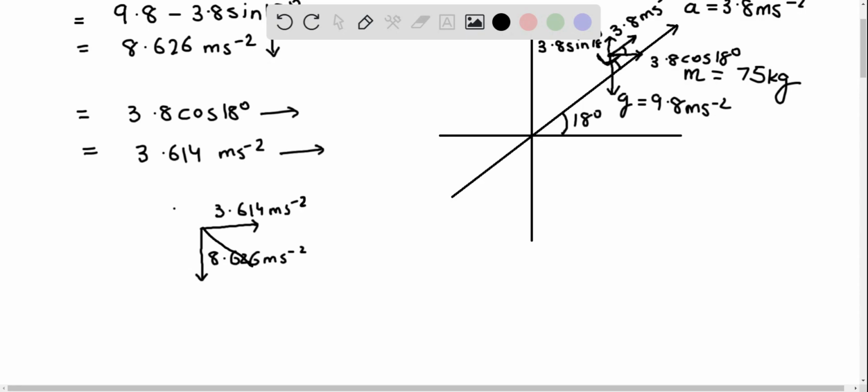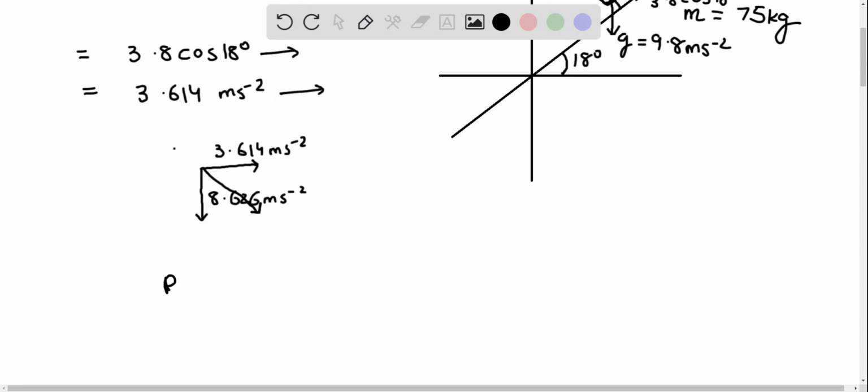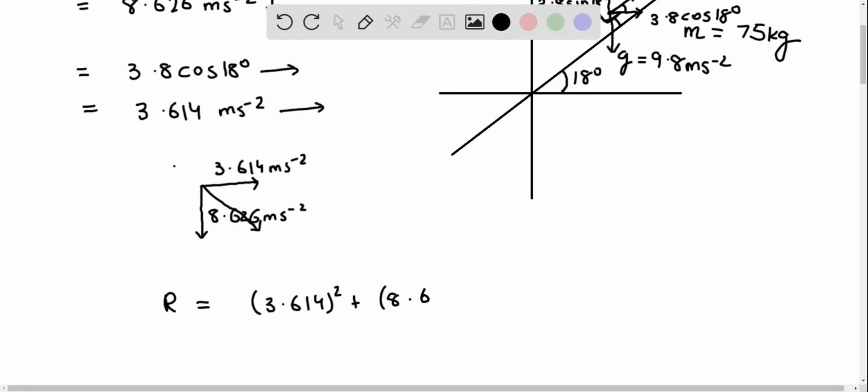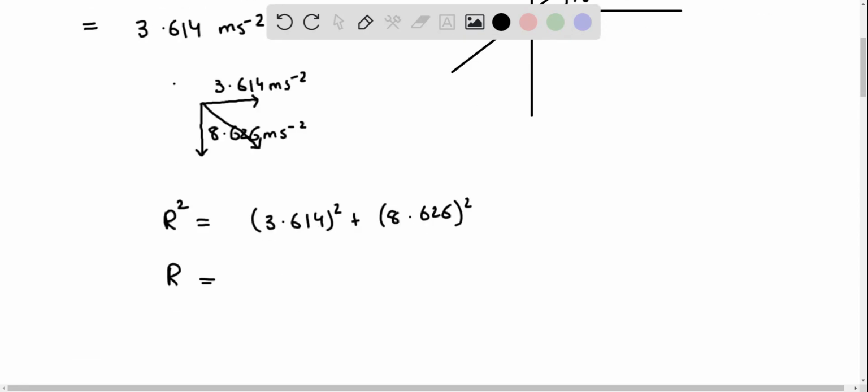The resultant we can simply find by using the Pythagorean theorem. So the resultant r squared is equal to 3.614 squared plus 8.626 squared, and we can take the square root.